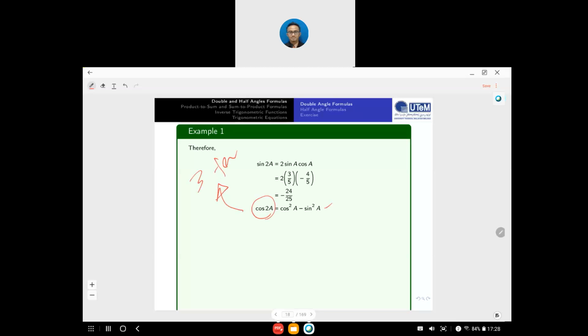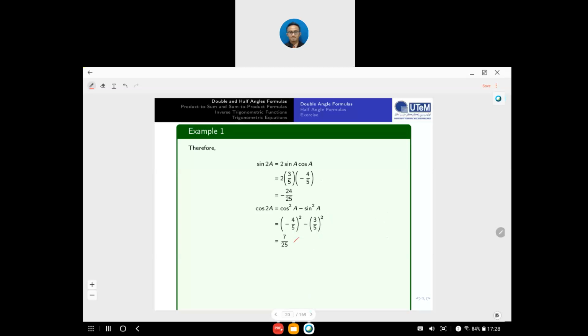Now you just substitute cos A equals negative 4 over 5, squared, minus sine A equals 3 over 5, squared. You simplify and you get 7 over 25.